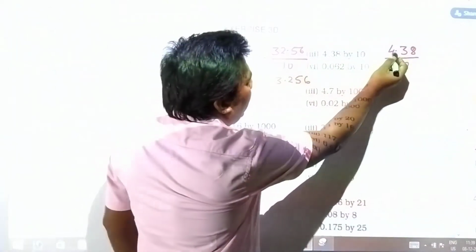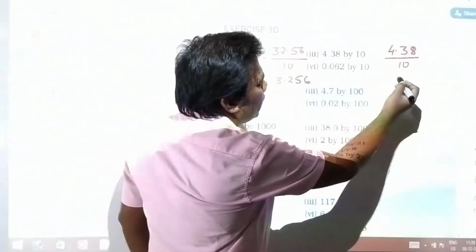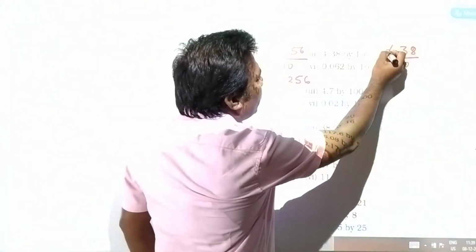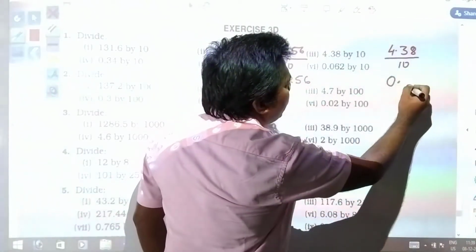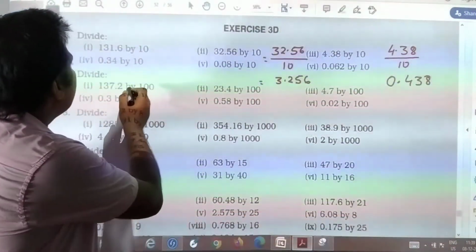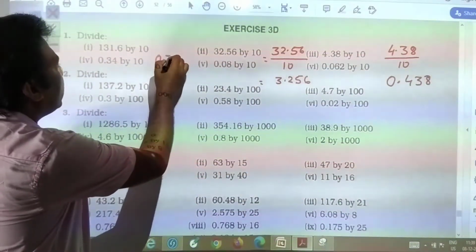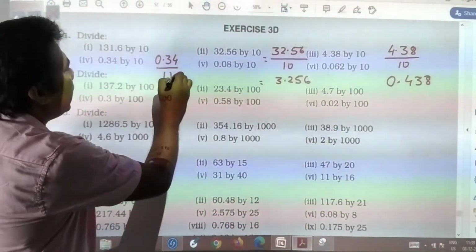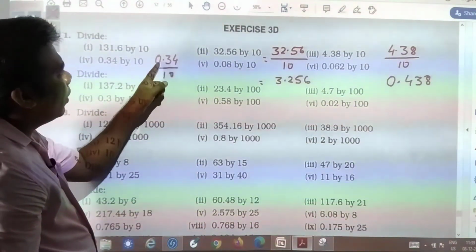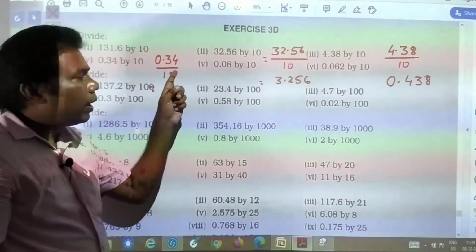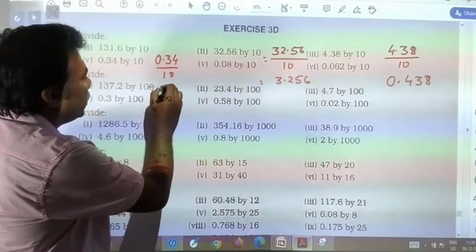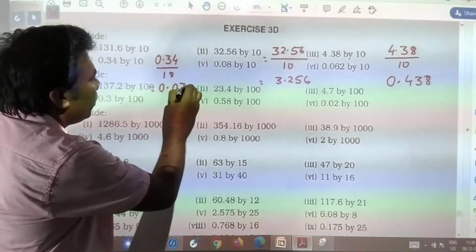Here you have only one digit before the decimal, so here it will come, your decimal, so your answer will be 0.438. Next question you have, 0.34 divided by 10. Here you see no whole number you have, 0 you have, so this decimal will come over here, so this will be 0.034.